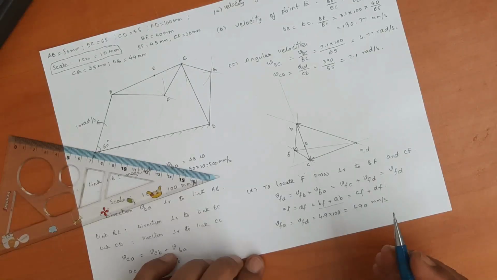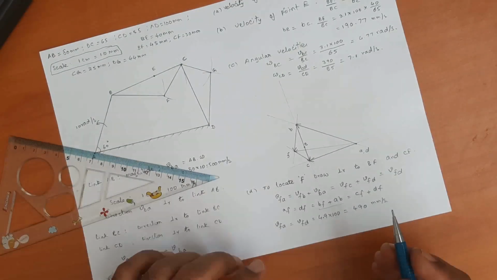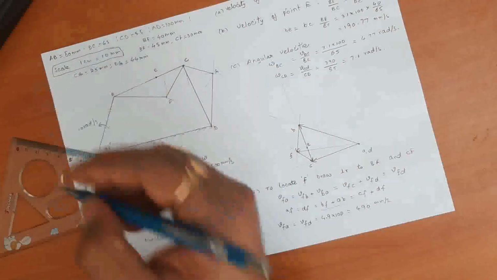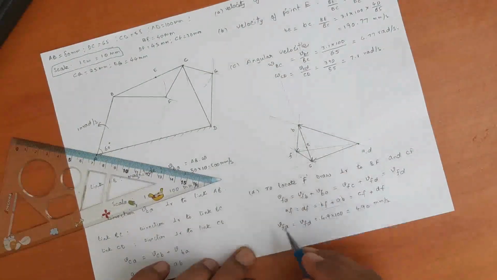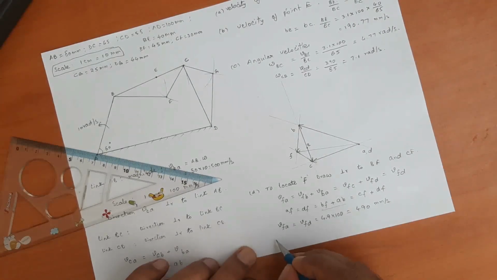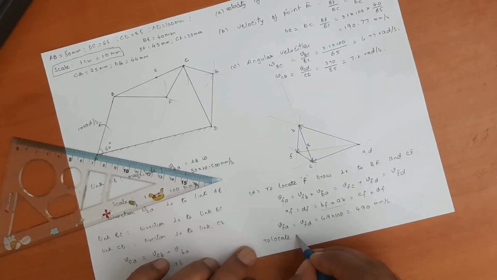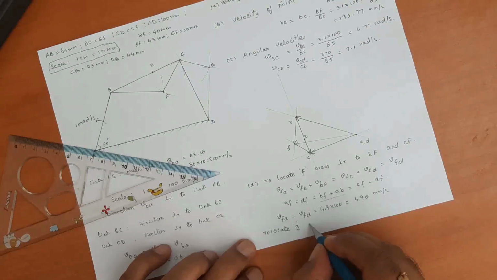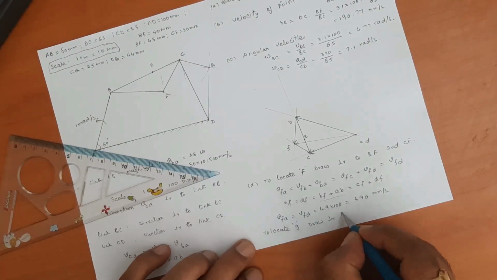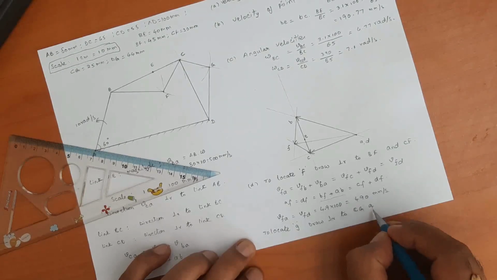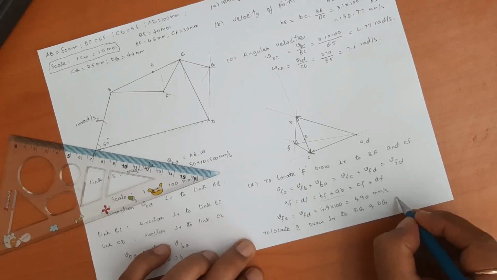Again, you have to locate the point G to get the velocity of point G. To locate G, draw perpendicular to CG and DG.